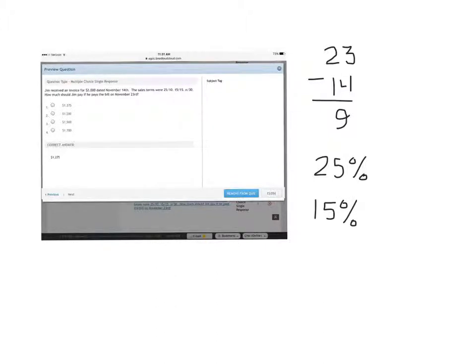So what will happen is the 25% for paying within 10 days will be applied to the invoice amount first. So the invoice amount is $2,000.